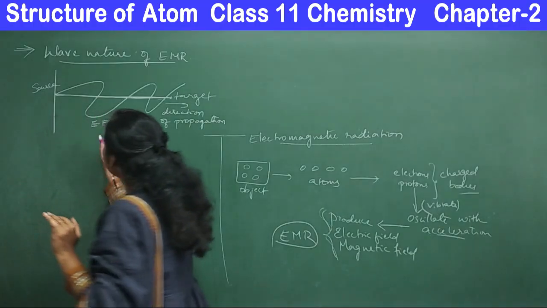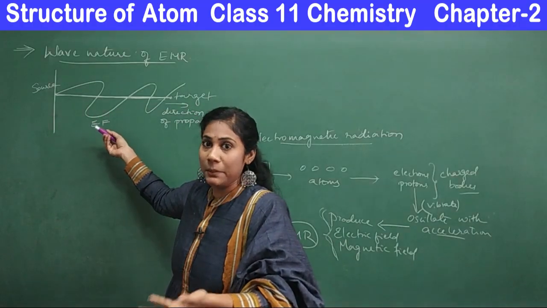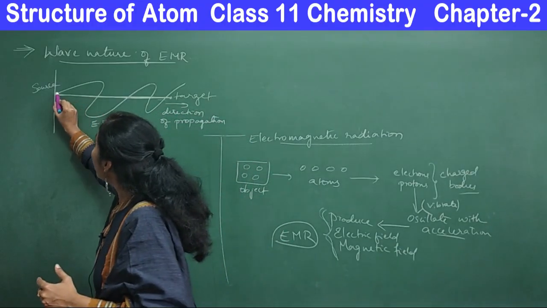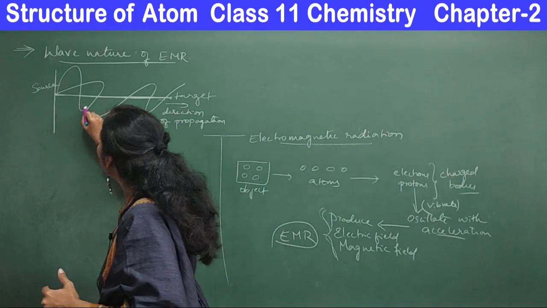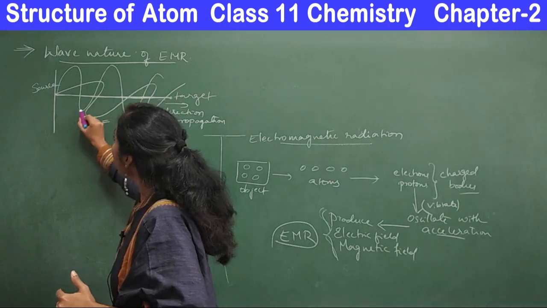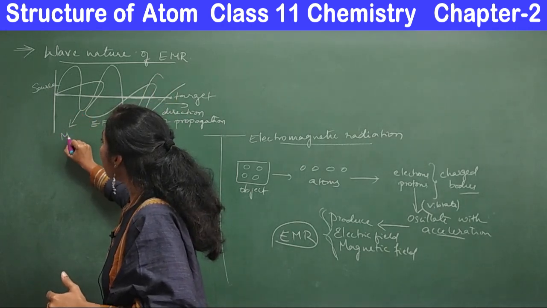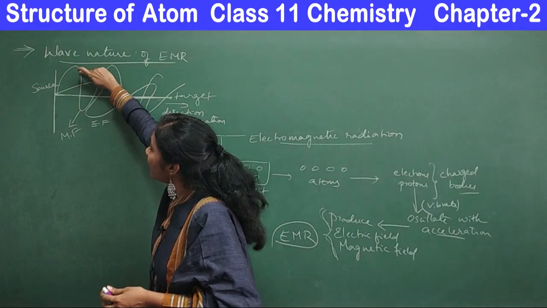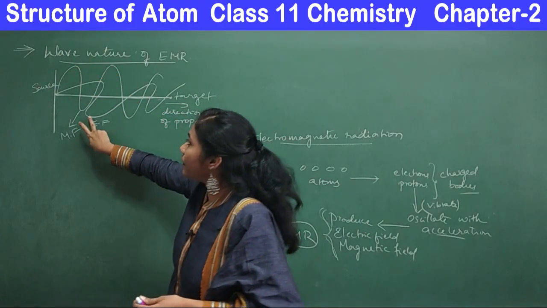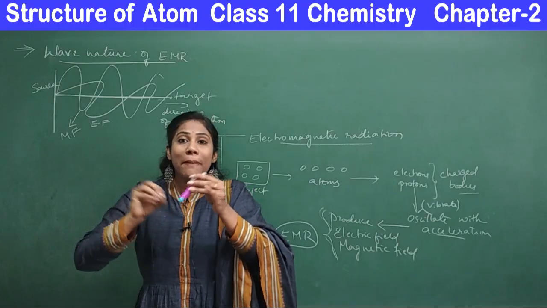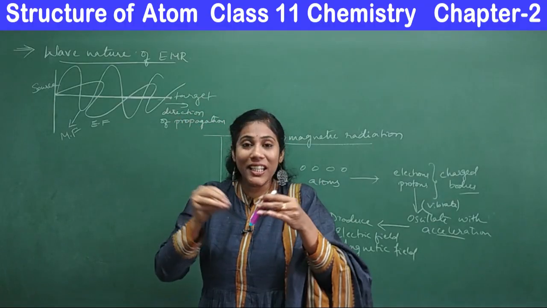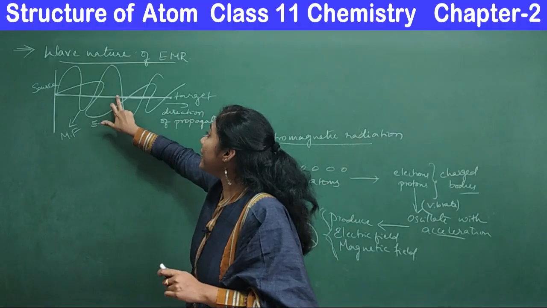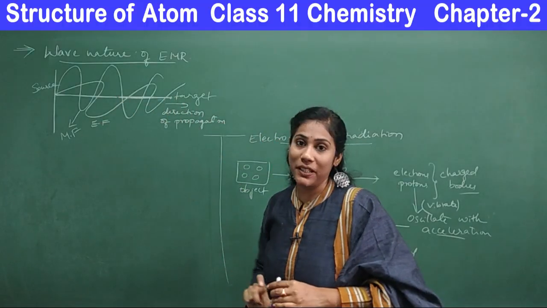And now there is magnetic field that can be generated. Wherever electric field is there, magnetic field also would be there. So magnetic field wave travels like this. This is the wave of magnetic field. You see here, the magnetic field wave is perpendicular to the electric field. So both magnetic field and electric field waves are perpendicular to each other, and they are perpendicular to the direction of propagation.